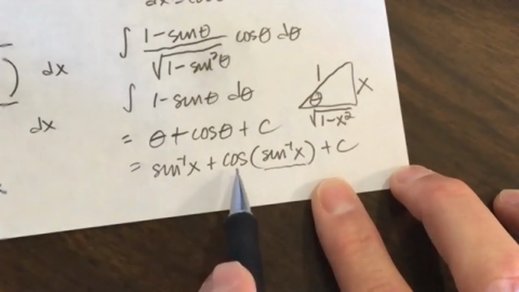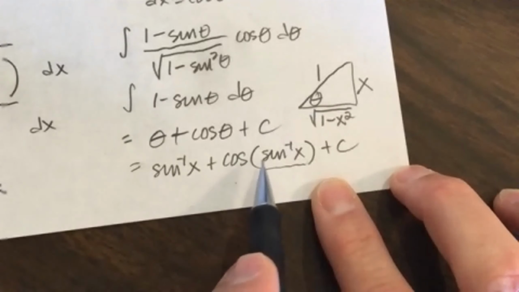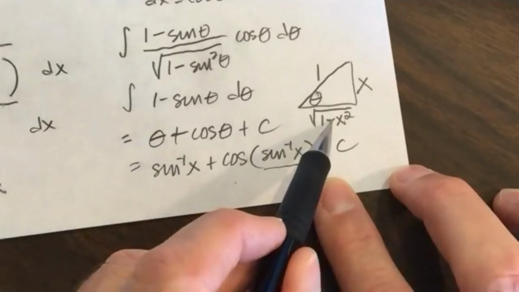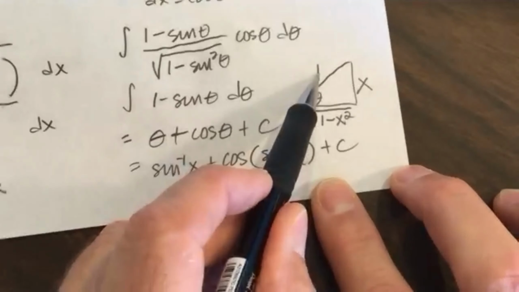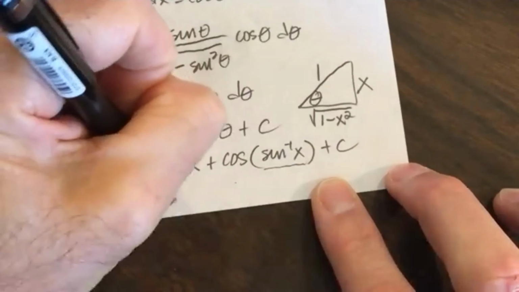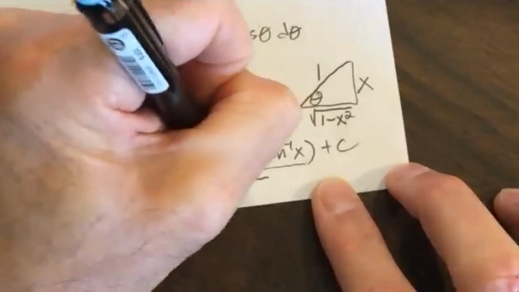So if I want the cosine of an angle whose sine is x, then I'm going to do the adjacent over the hypotenuse, and I'm going to get the square root of 1 minus x squared. So I'm going to write the final answer as this.